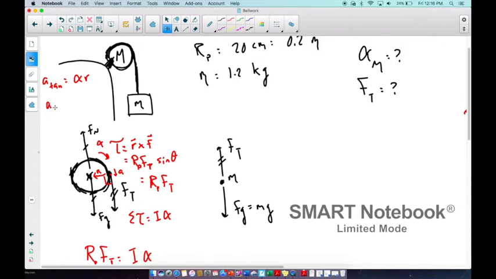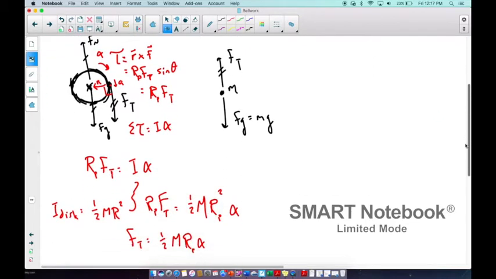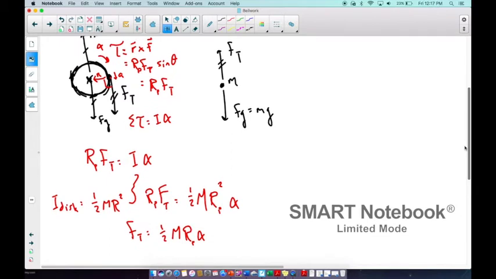So I know that a_tan, the tangential acceleration of this point here, which is equal to the acceleration of the rope, which is equal to the acceleration of my mass, has got to be equal to the angular acceleration of my pulley times big R, times the radius of the pulley. So if I can figure out what the acceleration of this object is, then I might be able to figure out the angular acceleration or the force of tension, etc.